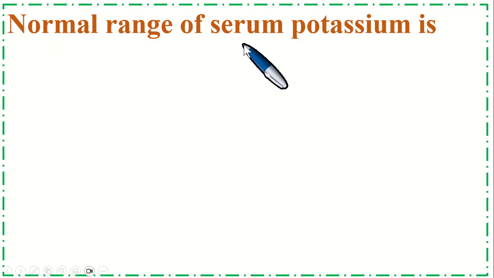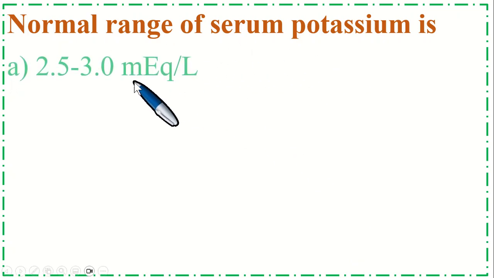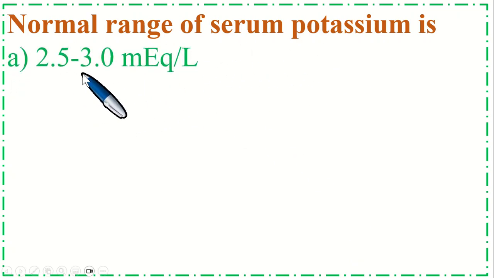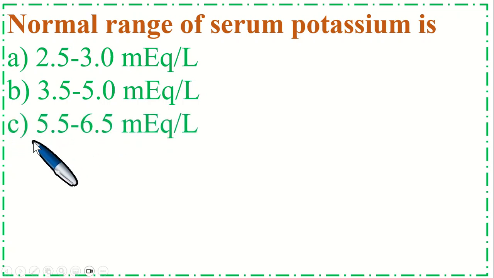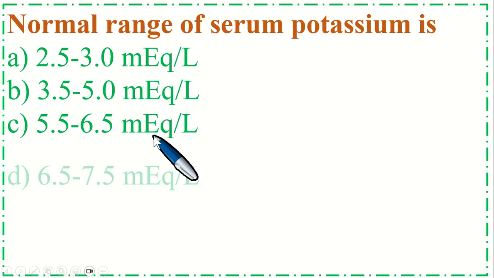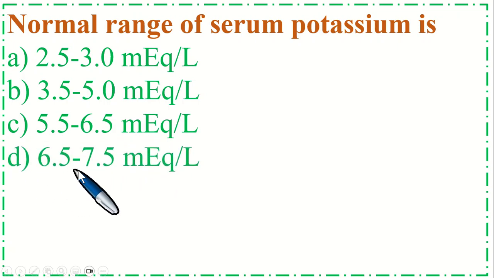The normal range of serum potassium is option A 2.5 to 3.0 milliequivalent per liter, B 3.5 to 5 milliequivalent per liter, C 5.5 to 6.5 milliequivalent per liter, and option D 6.5 to 7.5 milliequivalent per liter.